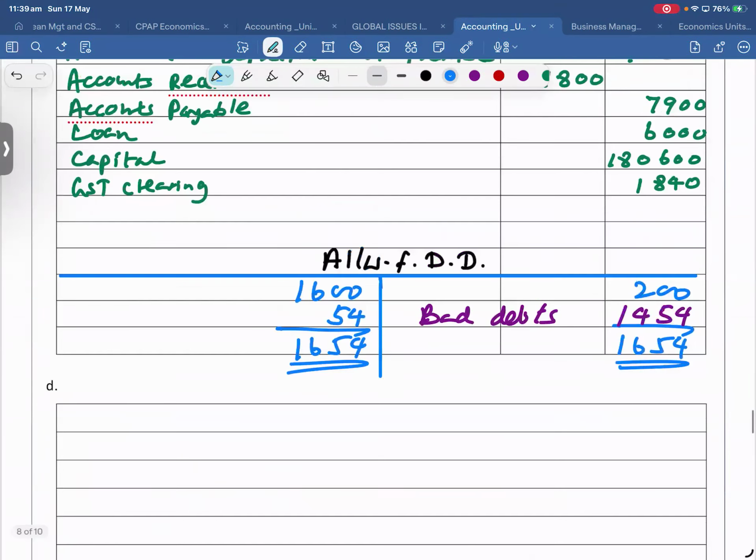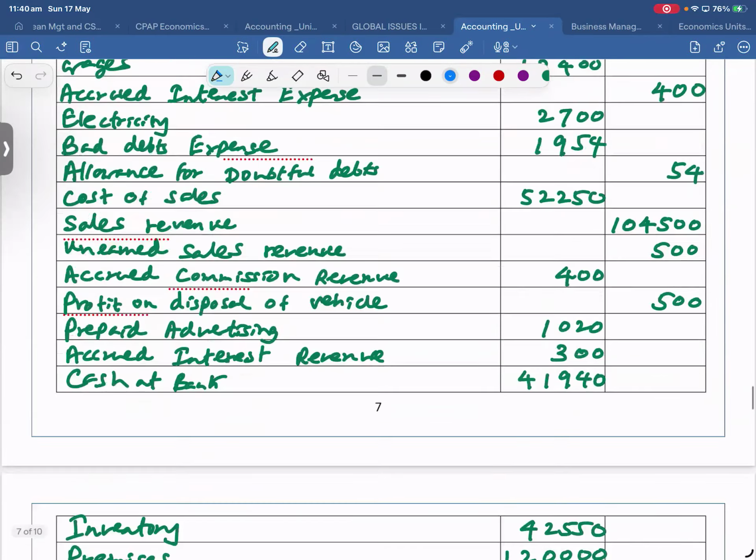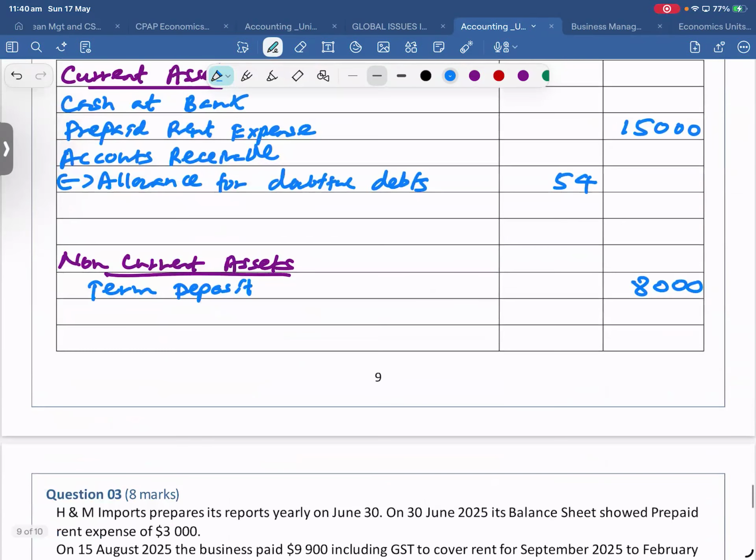Right. Next one, unearned sales is a current liability, so you don't have to worry. Accrued commission revenue, yes, current asset. $400. Accrued commission revenue 400.